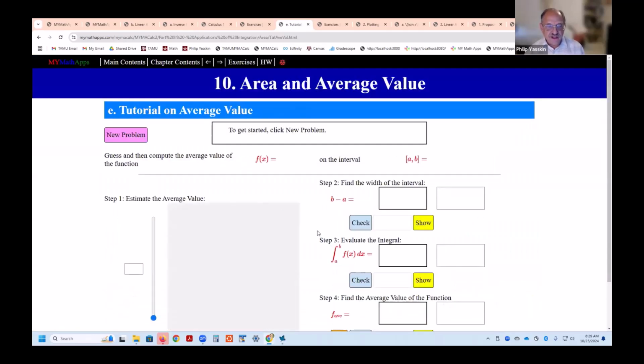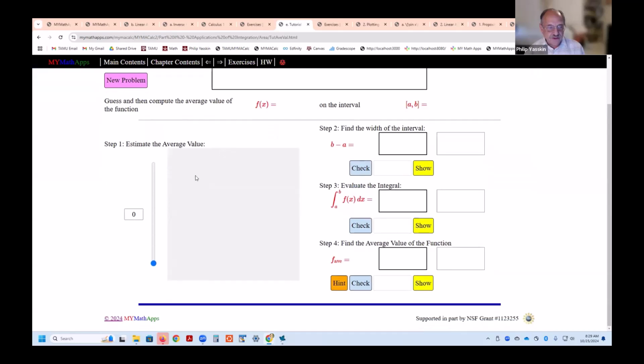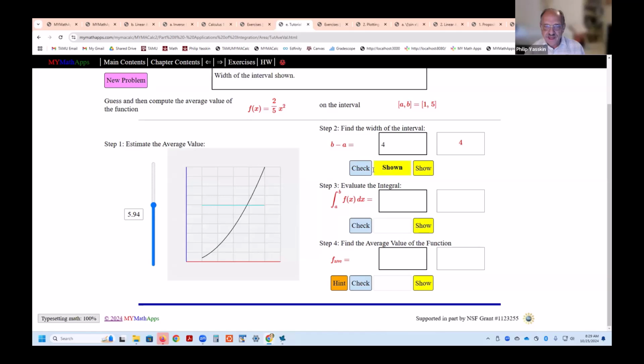We have converted some of what used to be the Maplets into things where students can guess the average value and then calculate the average value and check their steps.